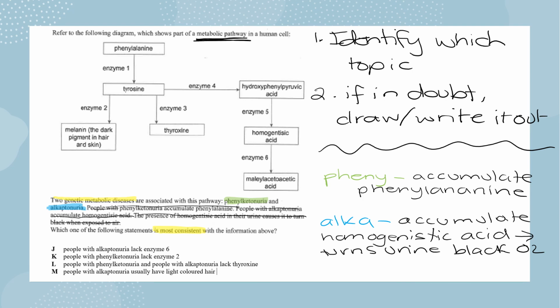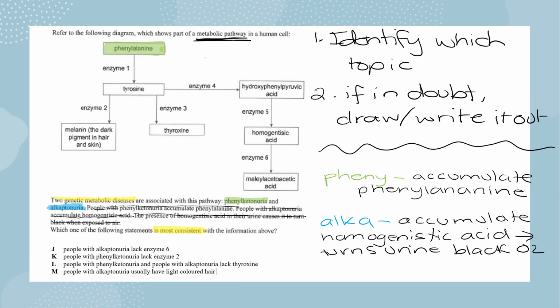So, if I break this down, PKU accumulates phenylalanine, however you say it. So we can see that this is up here. Okay, so this is what would accumulate, meaning that we're going to end up with a buildup of lots of this.